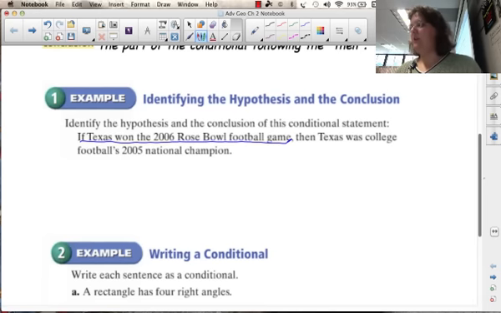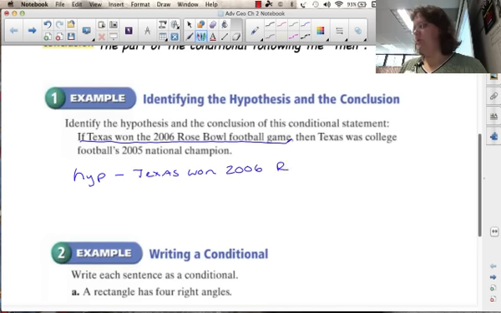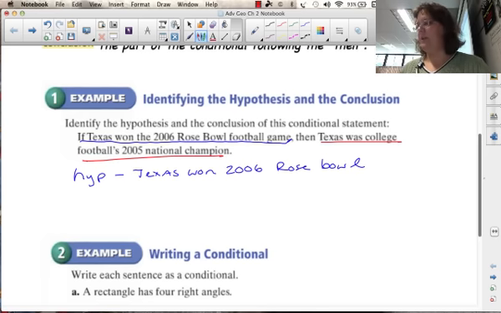So if Texas won the 2006 Rose Bowl football game, that's going to be our hypothesis. So our hypothesis is Texas won the 2006 Rose Bowl. And then our conclusion is then Texas was college football's 2005 national champion.